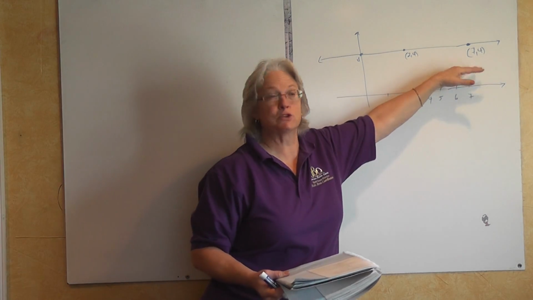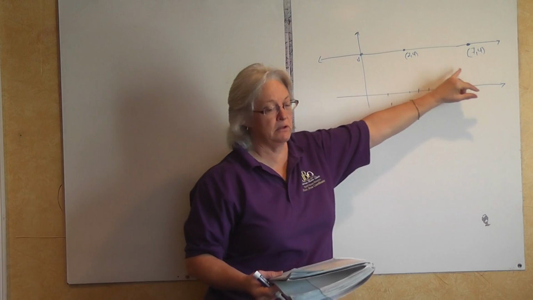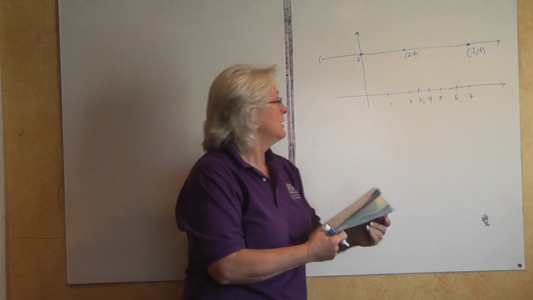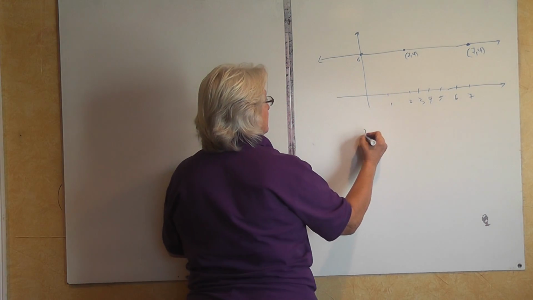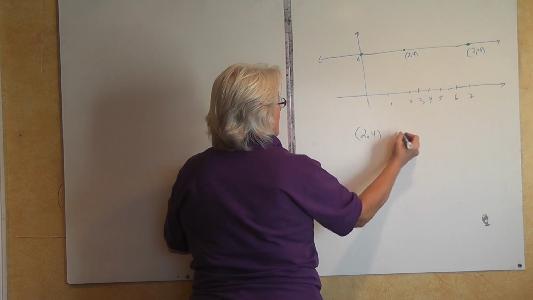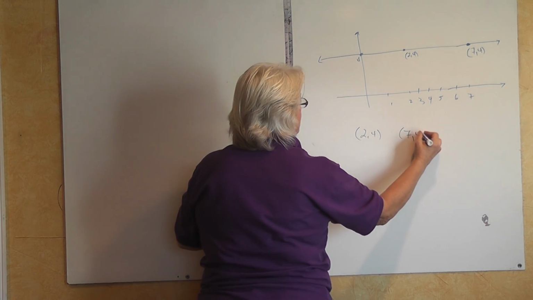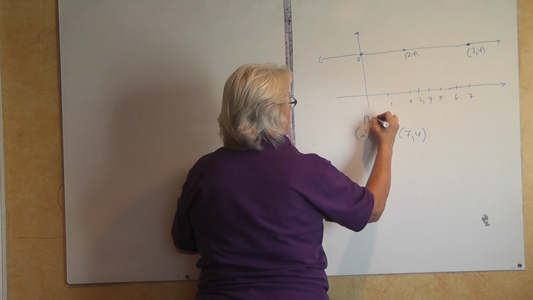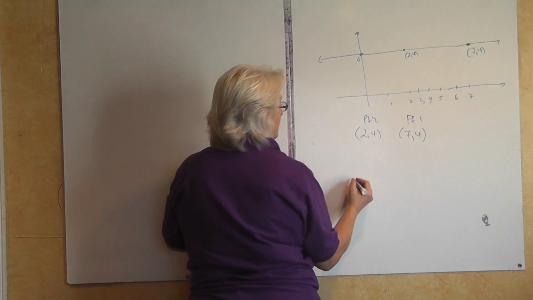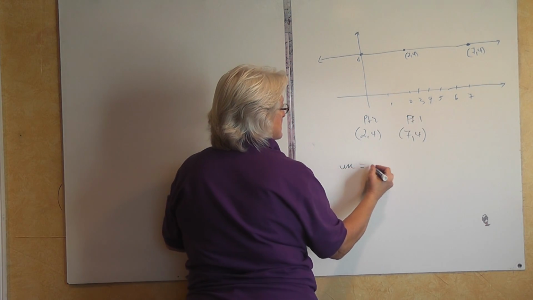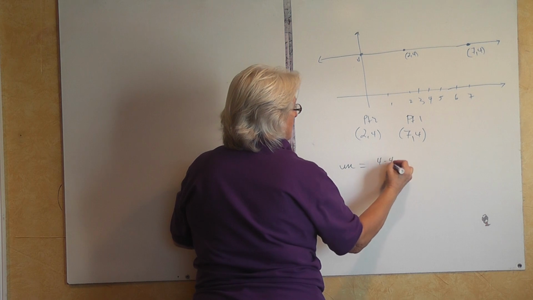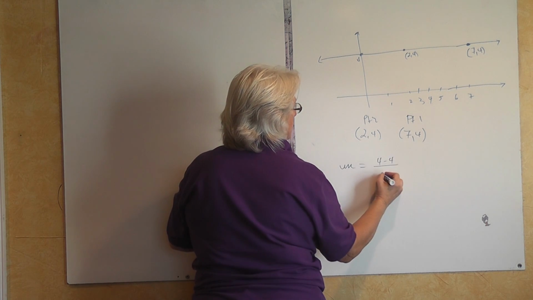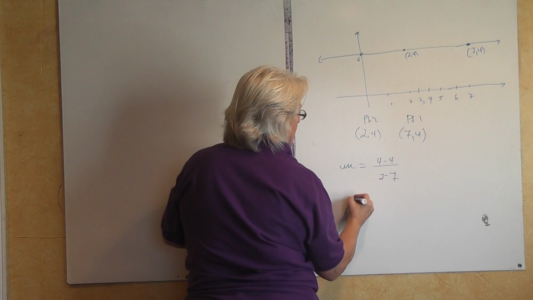And the 2 points that your book has given to us to use to calculate the slope are the points 2, 4 and the points 7, 4. So I'm going to label these point 2 and point 1, and I'm going to say that the slope is 4 minus 4 over 2 minus 7.